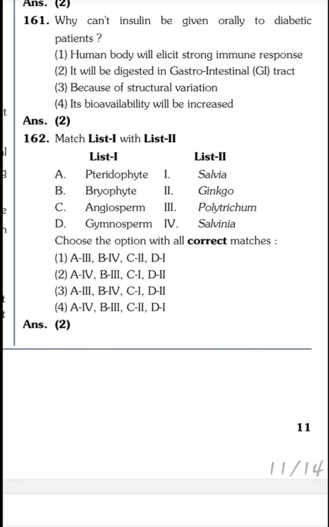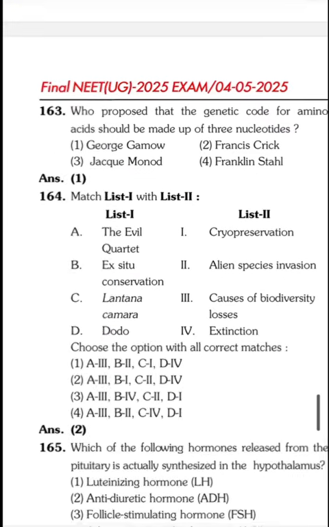Angiosperm is Salvia. This flower has a lever mechanism. See, Salvia is outside of syllabus. Gymnosperm is Ginkgo. So A4, B3, C1, D2. So second option is correct.